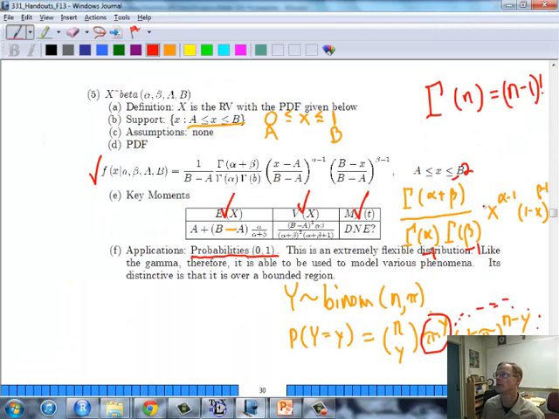Let's go to this form here. With 1, the exponent becomes 0, and that becomes 1. So that goes out, and all that we're left with here is gamma of 2 over gamma 1, gamma 1. That's going to be 1.